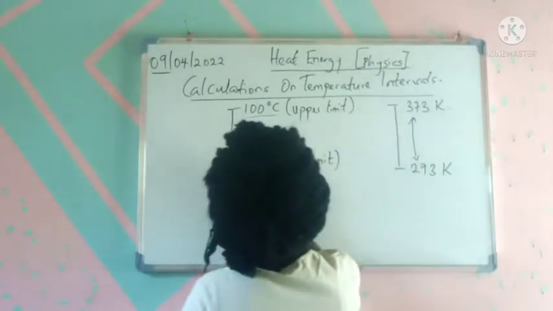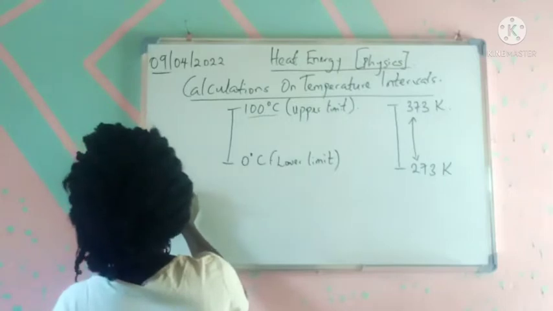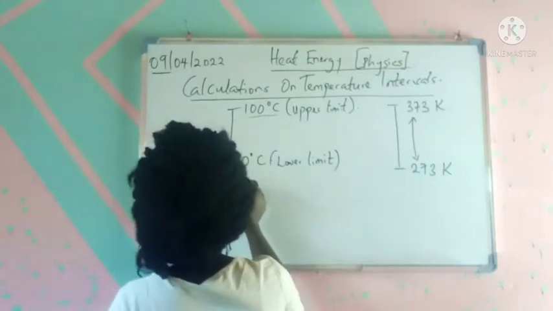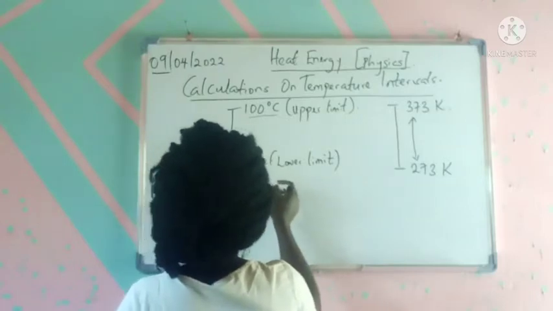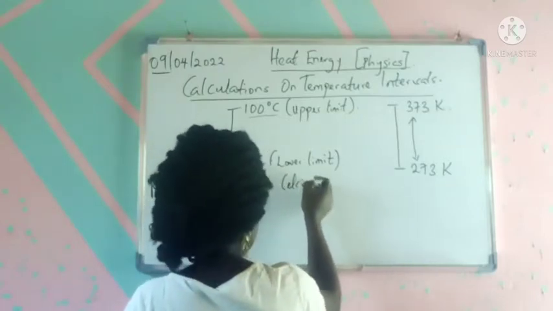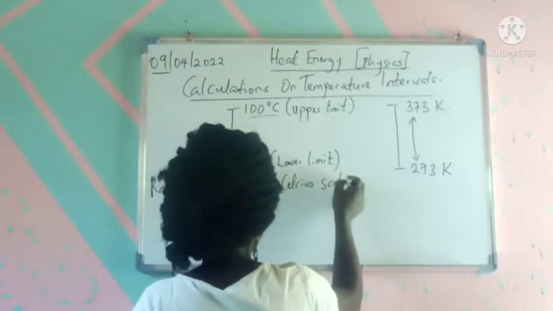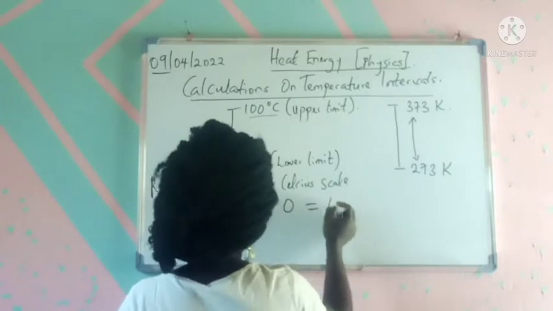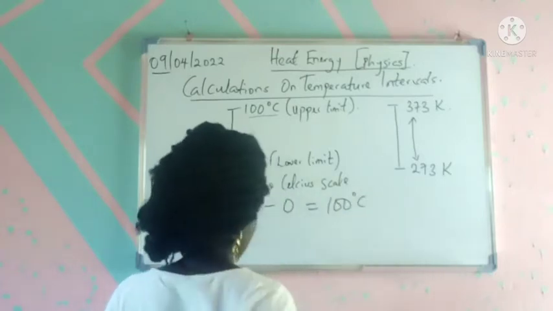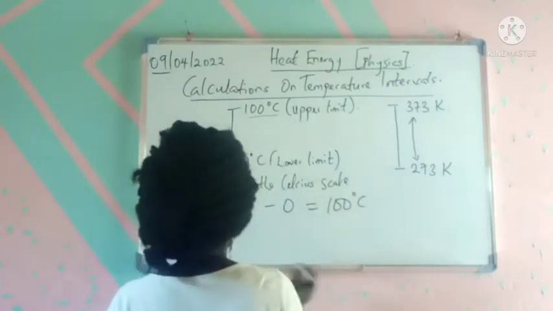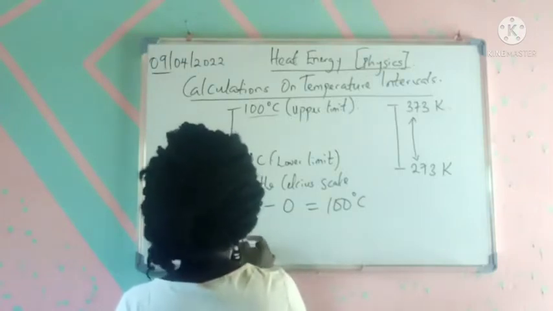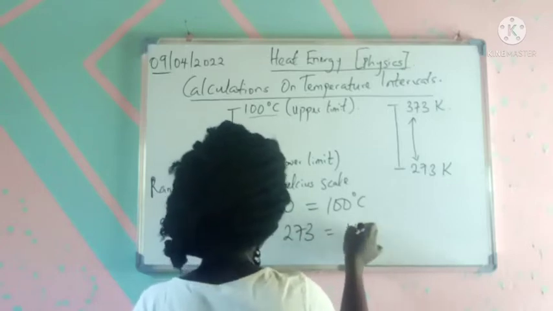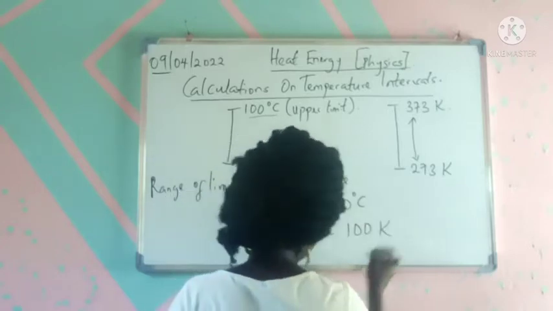So for example, range of limit for the Celsius scale will be 100 minus 0, which equals 100 degrees C. While for the Kelvin scale, it's going to be 373 minus 273 to still give us 100 Kelvin.